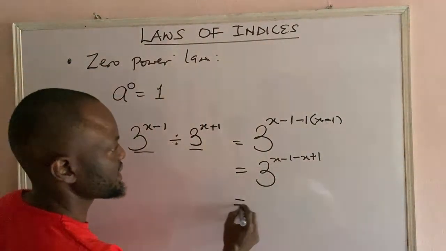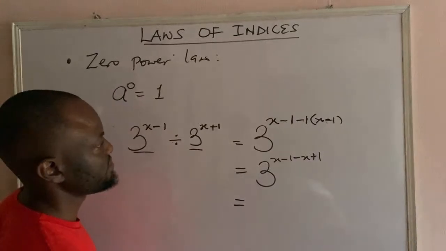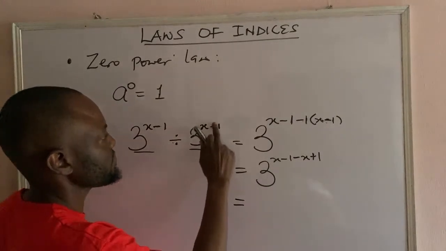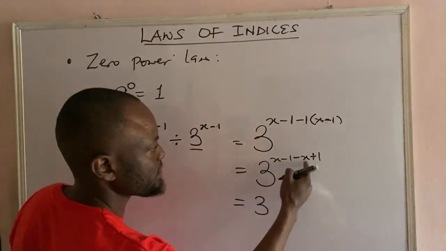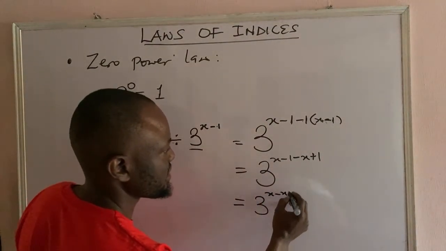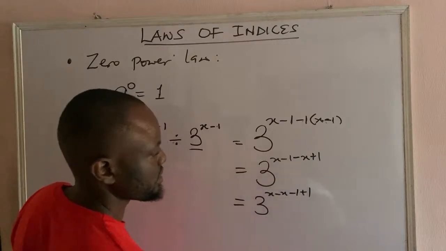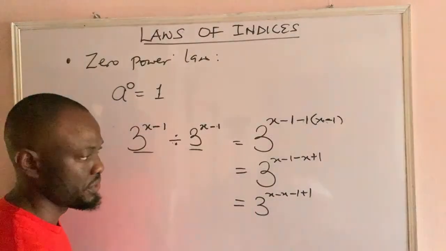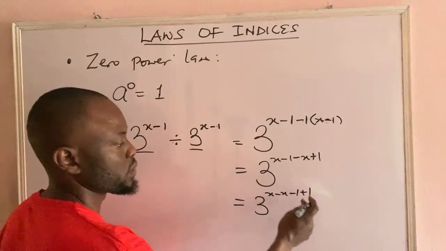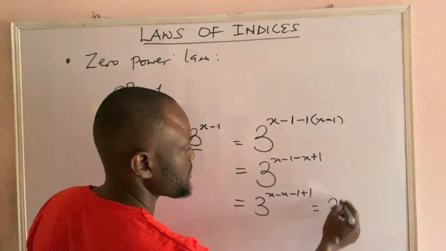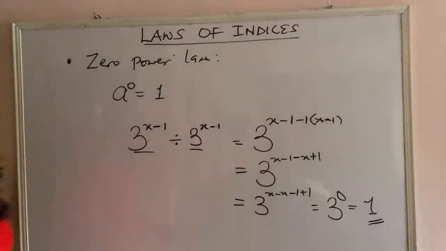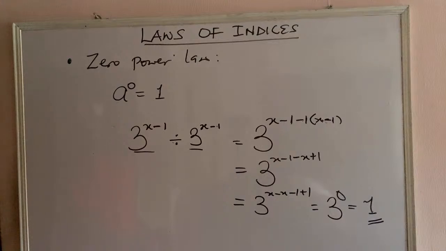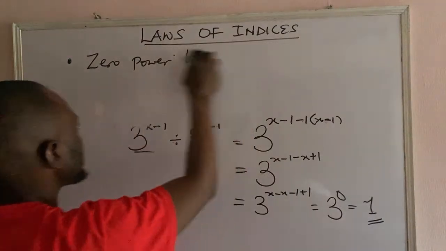So in this case, we will have 3 to the x minus x, and minus 1 plus 1. So x minus x will give you 0. Minus 1 plus 1 will give you 0. So I have 3 raised to the power 0, which will finally give you a 1. So that's that about the negative power law. All right.